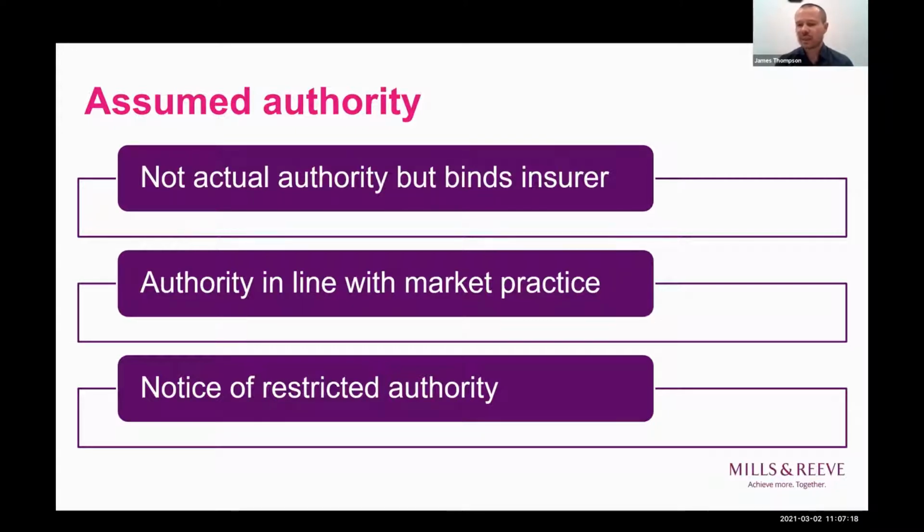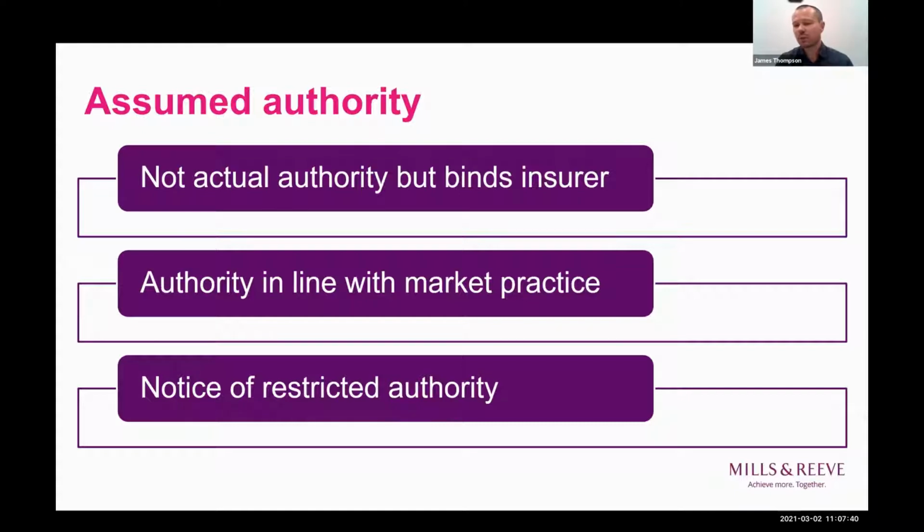So if you're in a situation where you're defending a claim that's brought against you on this basis, you need to be thinking about the proposal form, the policy documents, any temporary cover notes that could have contained some sort of warning that you did not hold this particular authority.